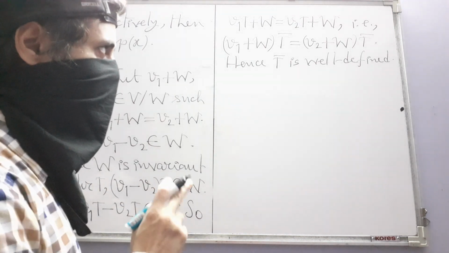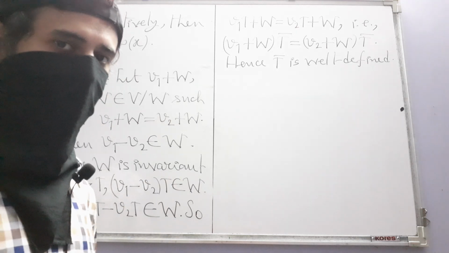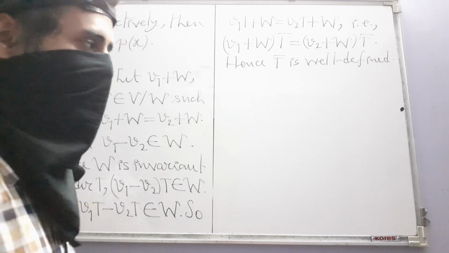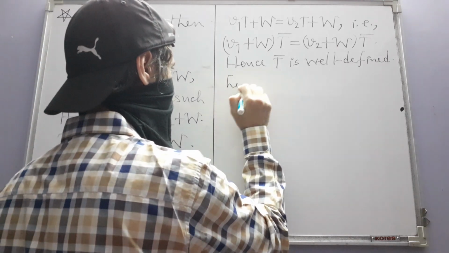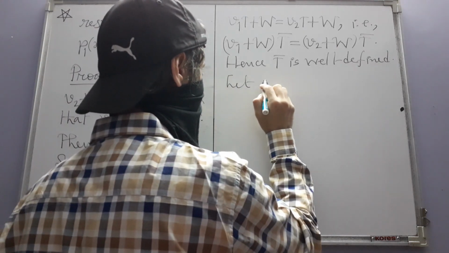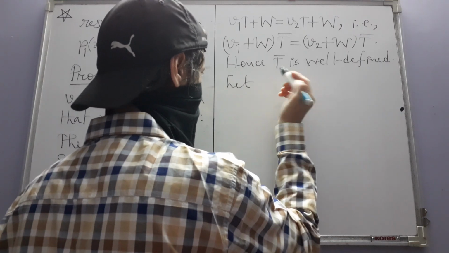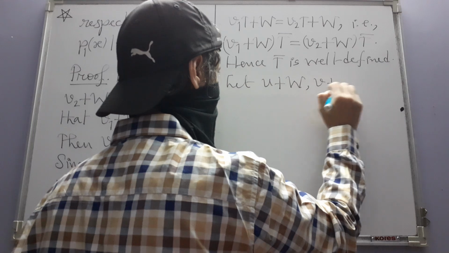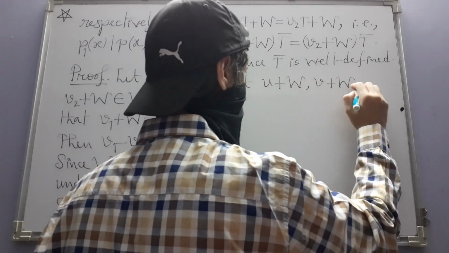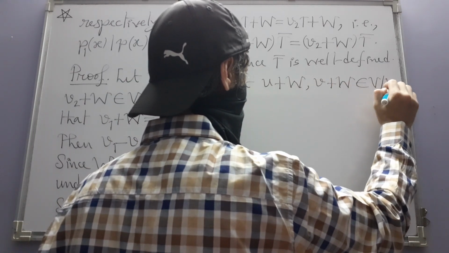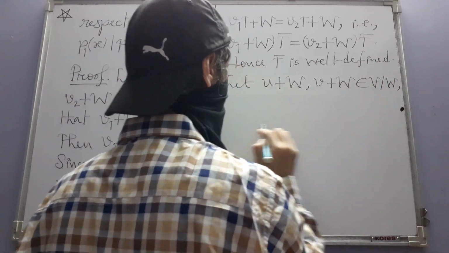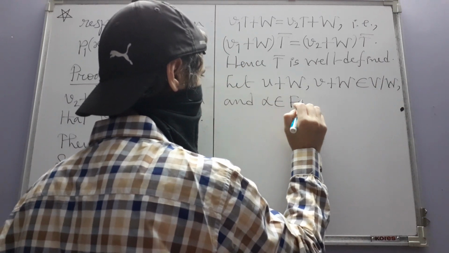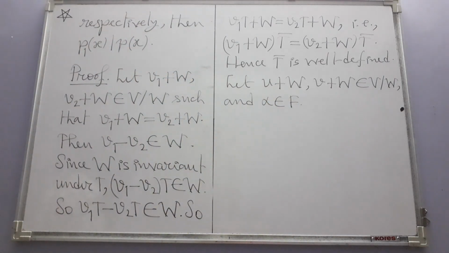Next, we have to show that T bar is a linear operator. That is, T bar respects addition and scalar multiplication. So let us take two vectors. Say, what shall we take? Let me just take U plus W and V plus W this time in our quotient space, and let alpha be any scalar from the underlying field.